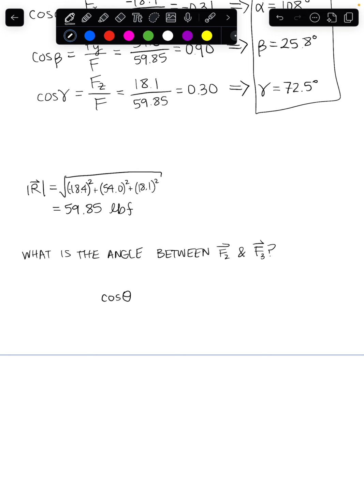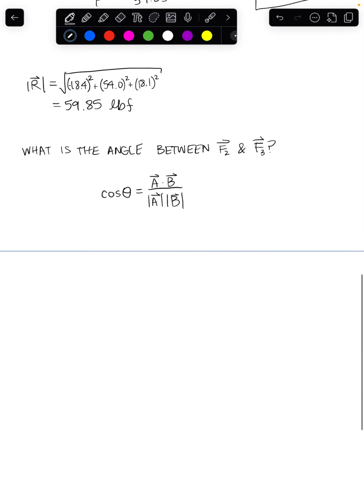It's cosine theta is equal to A dot B divided by the magnitude of A times the magnitude of B. So here, vectors A and B are F2, F3 force vectors, and we've already got them in Cartesian coordinates, so let's just plug them right in.